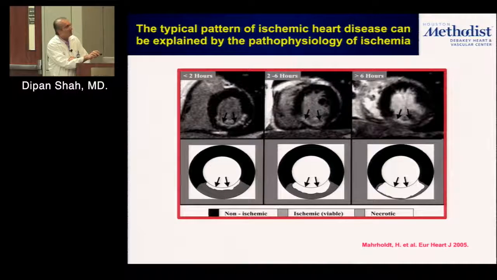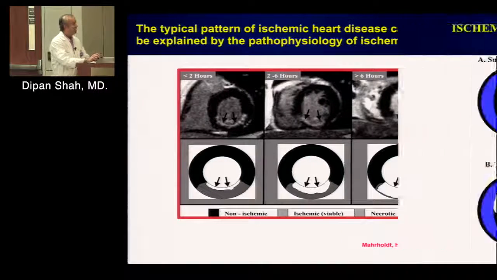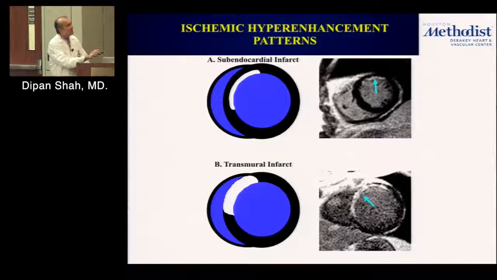And one of the distinguishing factors is both of those patterns of damage will lead to hyperenhancement in the heart. But ischemic damage tends to follow coronary artery perfusion territory, and it tends to follow this wavefront phenomenon of ischemic injury, which is that it starts in the subendocardium and then over time gradually progresses out to the epicardium and becomes transmural.